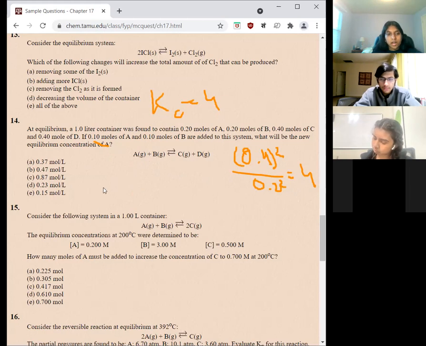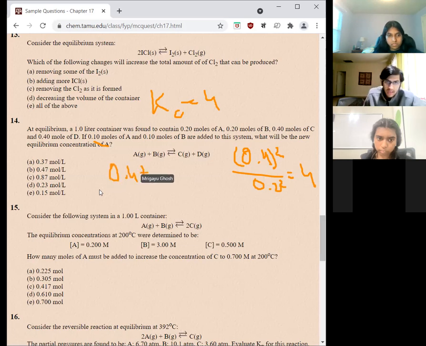So are we saying 0.4 plus x squared over 0.2 minus x? I'm confused about what's happening here in the problem. I don't know how that connects to the math.